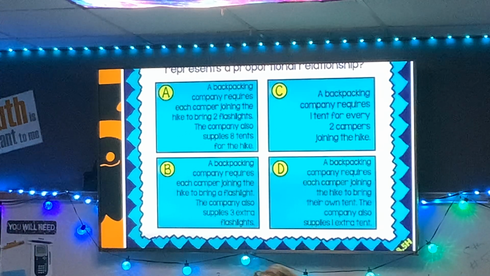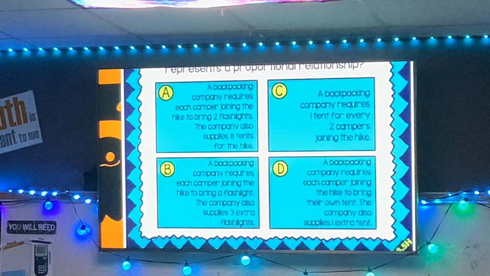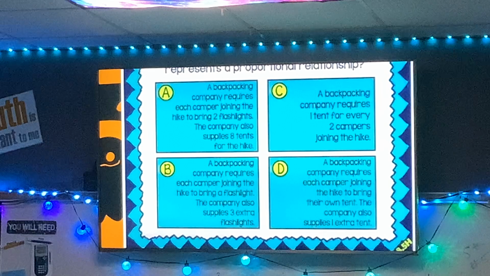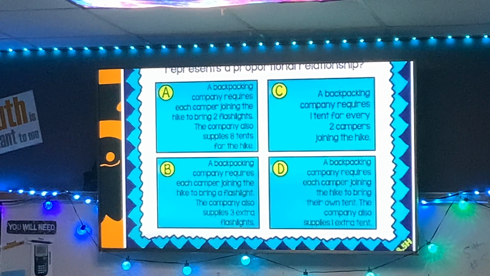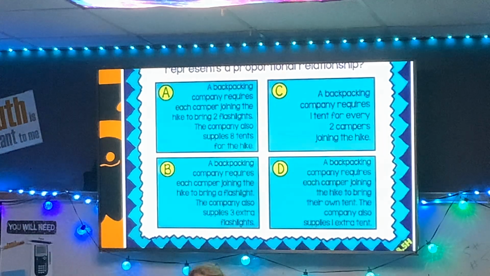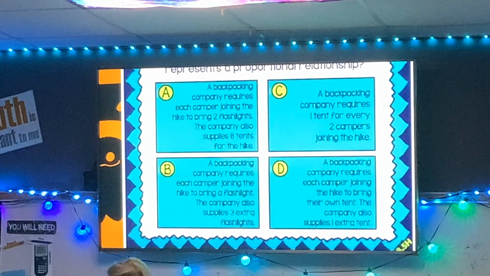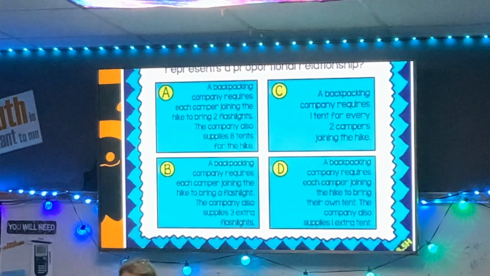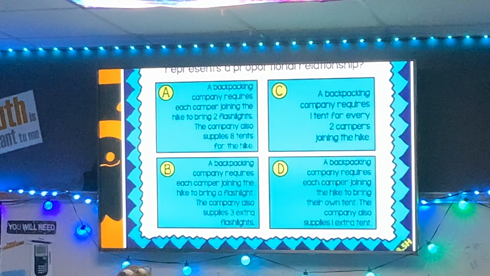C. A backpacking company requires 1 tent for every 2 campers joining the hike. Maybe. Okay, let's read D. A backpacking company requires each camper joining the hike to bring their own tent. The company also supplies 1 extra tent. Okay, so do you understand C? They are requiring every 2 people to bring a tent. That's it. They're not giving you anything. There's nothing extra. Do you see that?